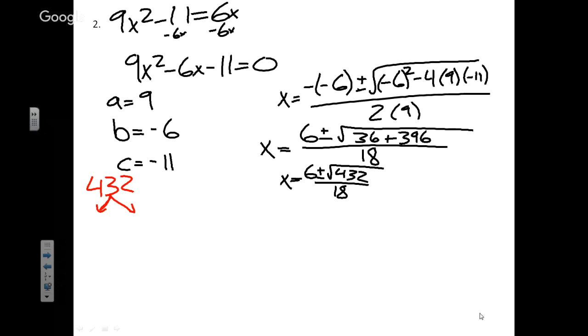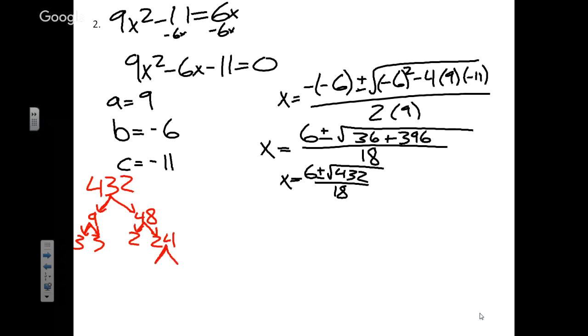What was it? So you can break it down into 9 and 48. Then what can we break 9 down into? So 9 can go down into 3 and 3. What about 48? Two and 24.